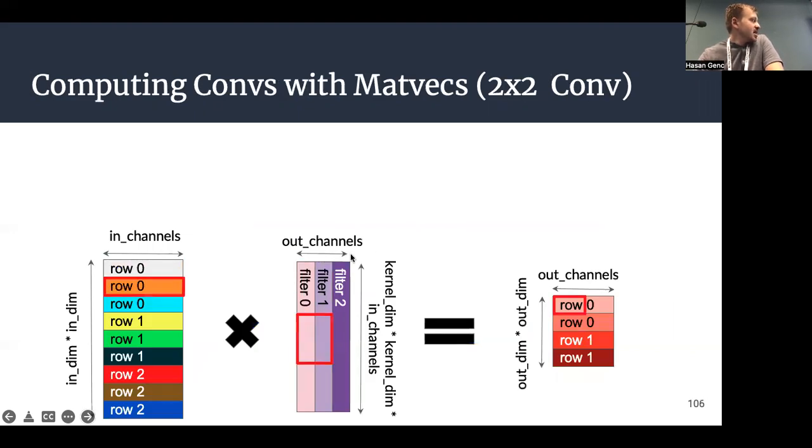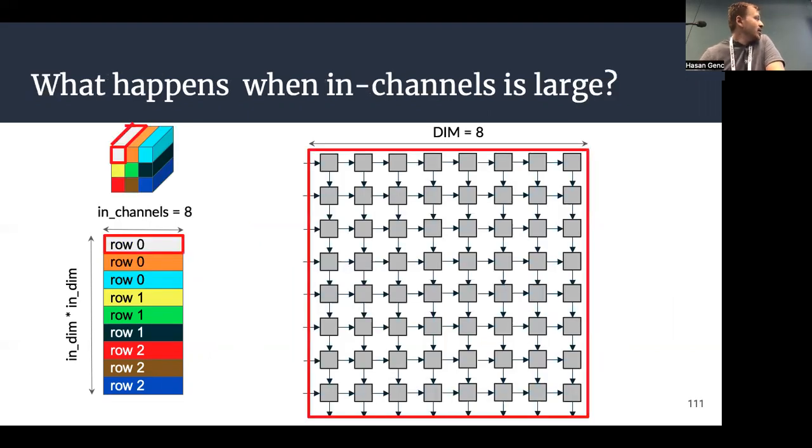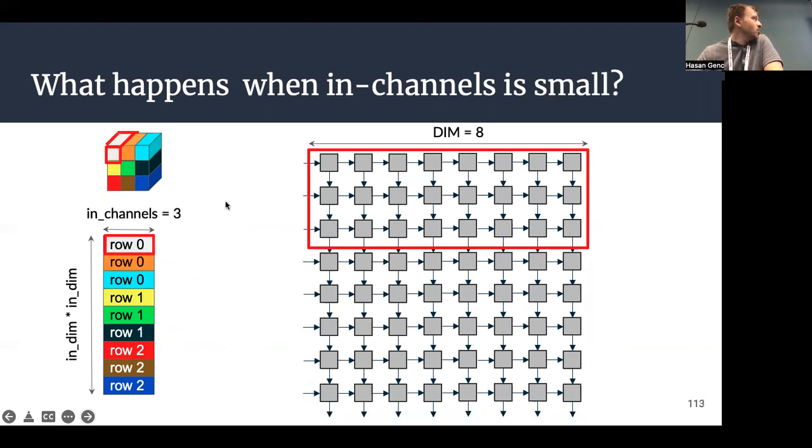Then it breaks the convolution up into smaller matrix multiplications to compute the full convolution. Now, when the dimensions are nice and large, this works fine. You can keep your spatial array fully utilized, right? But when one of the dimensions, like the innermost dimension, is very small, then your spatial array may end up being very underutilized, because the dimensions which you're spatially unrolling are smaller than the actual size of your spatial array. Does that make sense?